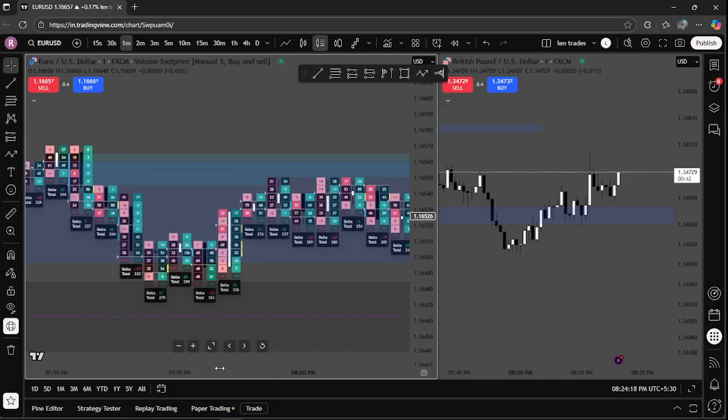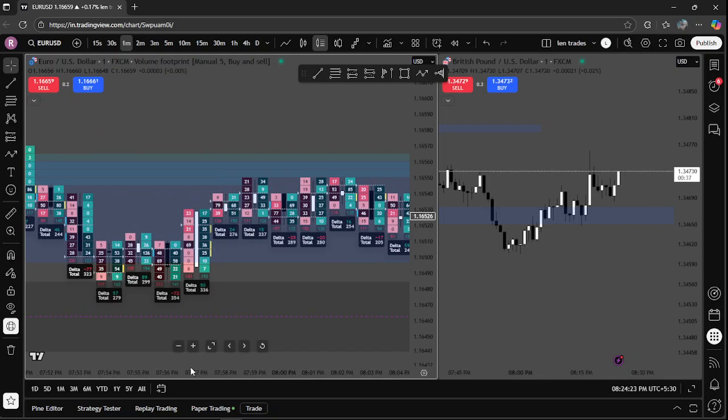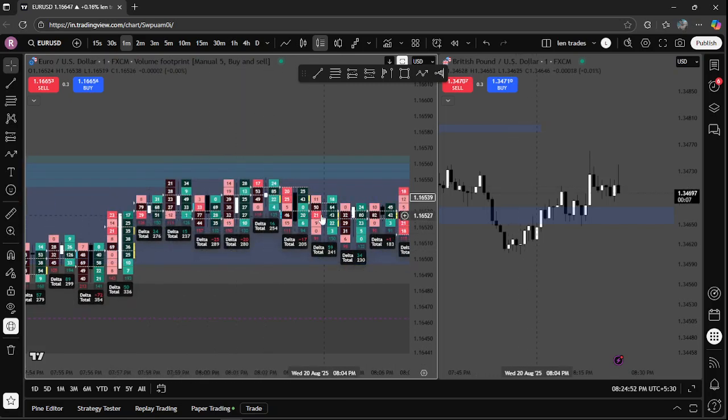Overall, how does it look? Hmm. Also, there are these dark colors coming in, and then we just kind of slow down here, as you can see, right?